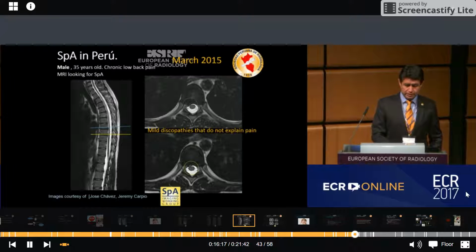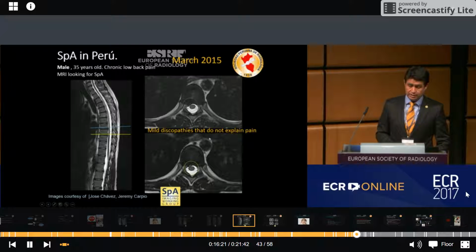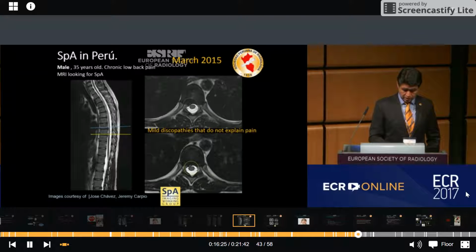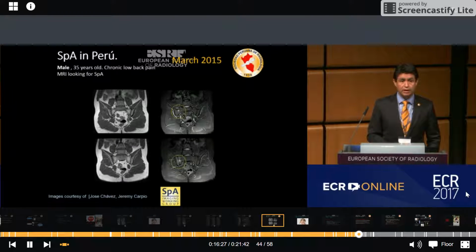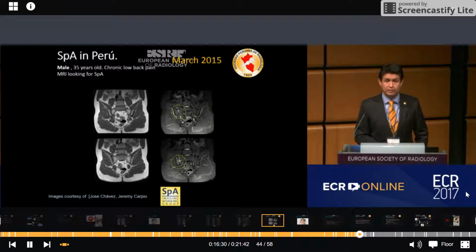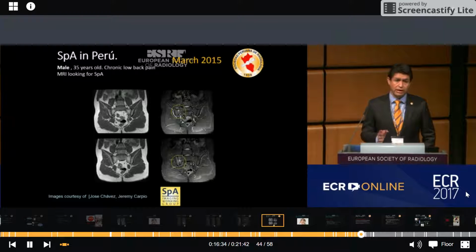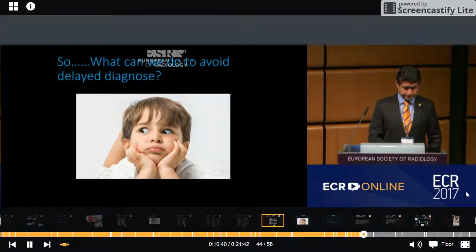We found mild discopathies that do not explain the pain. And in the protocol of SPA, we need to do the sequences on SI joints. And we found this: hyperintense signal in the SI joints on the right and left. The diagnosis is done. This patient has spondyloarthritis.